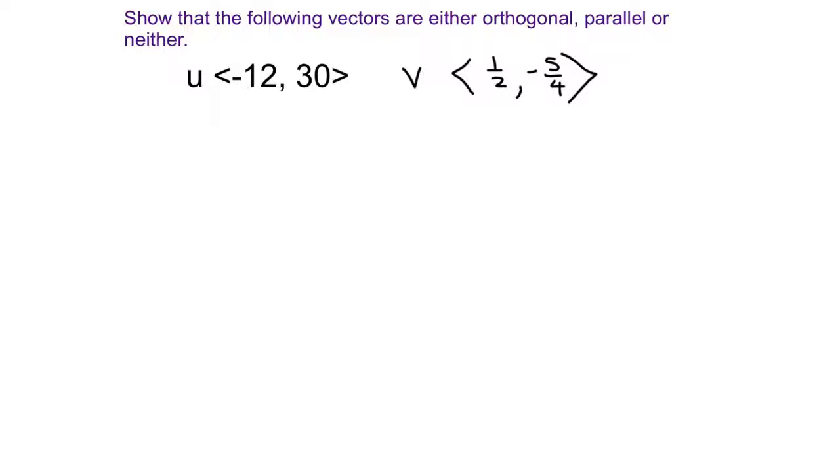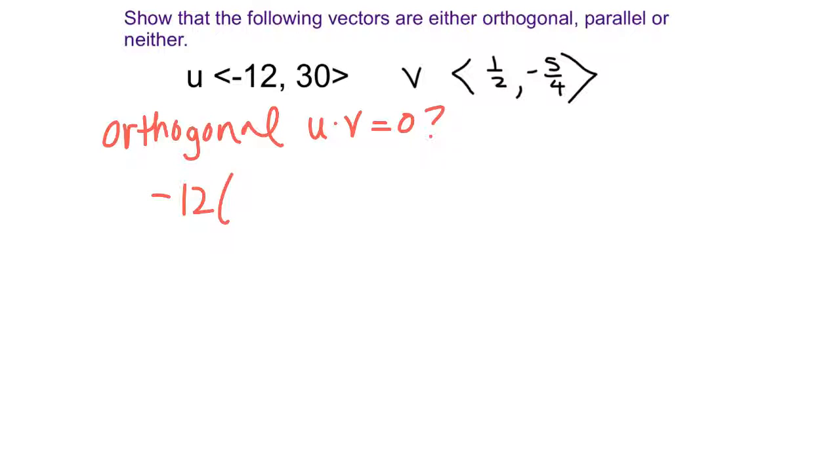Right? So the first thing you want to check, because it's the easiest really, is orthogonal. So I'm going to check to see if they are orthogonal. And to do that, I have to look at the dot product, right? So I'm seeing if u dot v is equal to 0. That's my question. So I'm going to take the negative 12 times 1/2, and then I'm going to add to it 30 times negative 5/4, right?